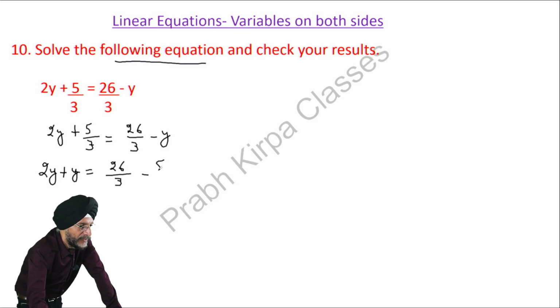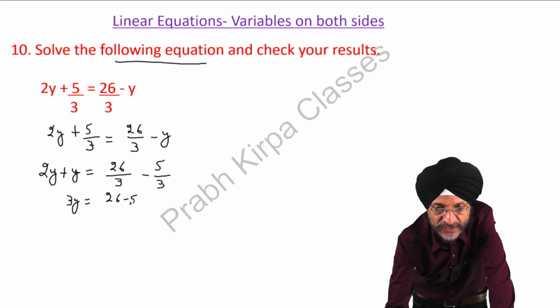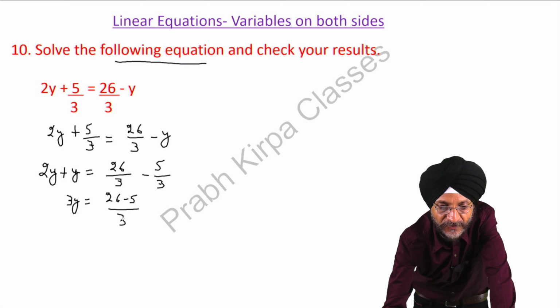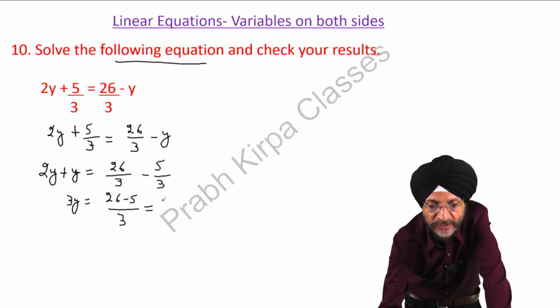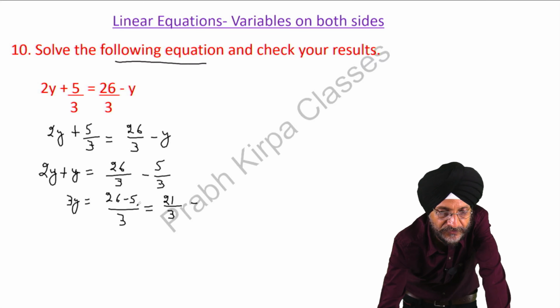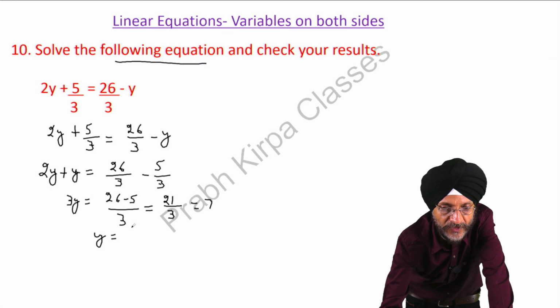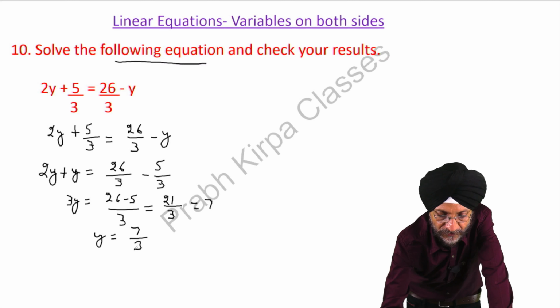So 2y plus y is equal to 3y is equal to, because here you can write it as 26 minus 5 divided by 3, it is 21/3 is equal to 7. So y is equal to 7/3.